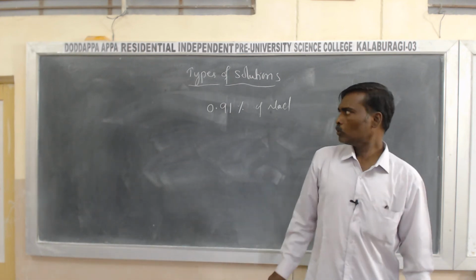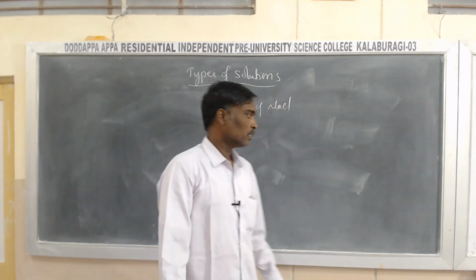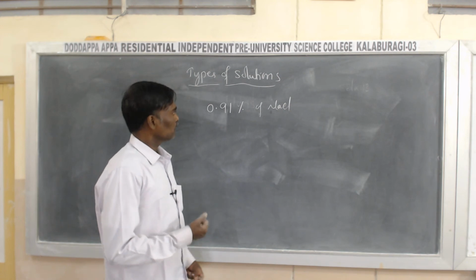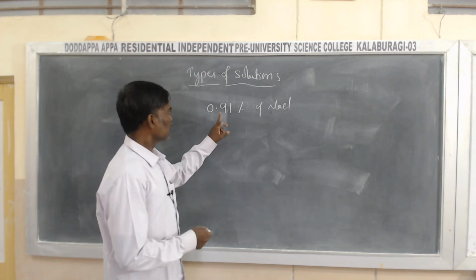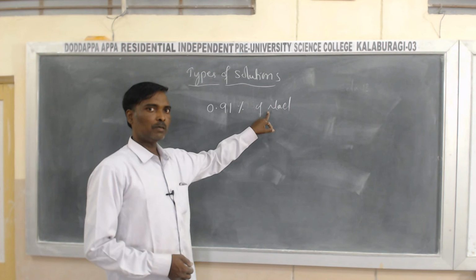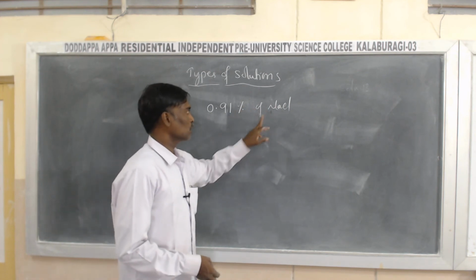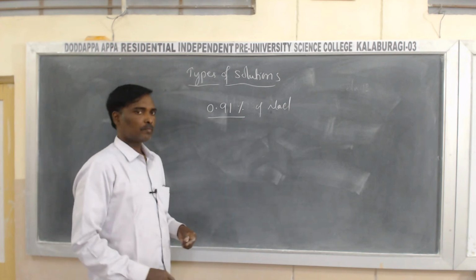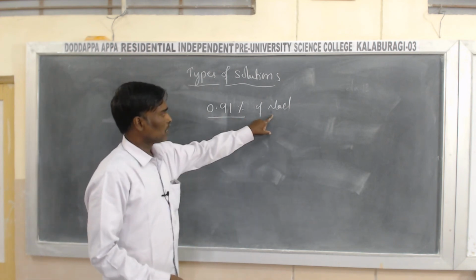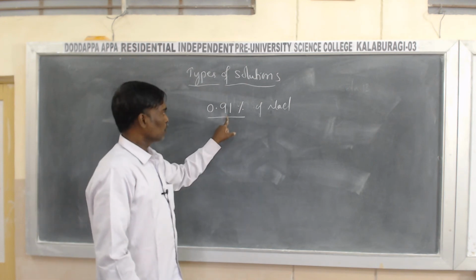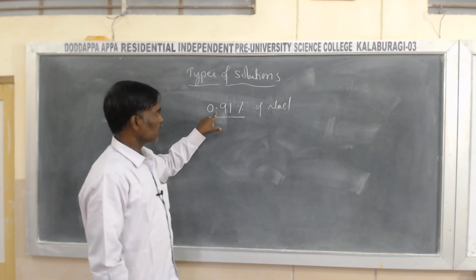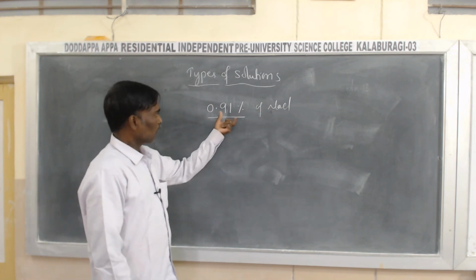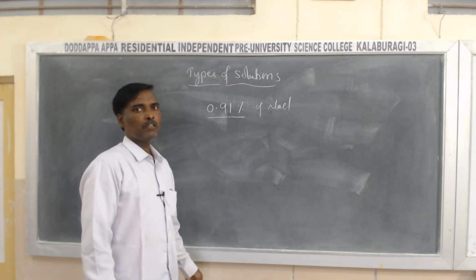This solution is mixed with medicines while giving intravenous injections. Only this concentration of salt is used, because the concentration of 0.91% NaCl is isotonic with the fluid present in our blood cells.